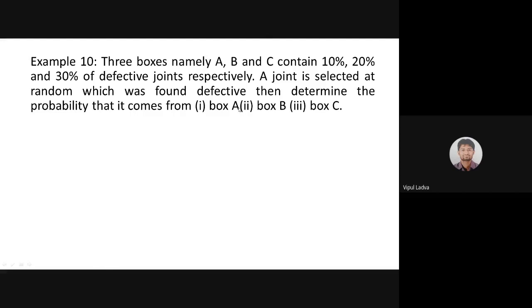Suppose we want to find that the selected defective joint is from box A, then how will we denote it? That we need to learn, that we need to understand. So let me take you for this question. Let's discuss the solution, and based on these 3-4 questions, I am going to assign some exercises to you guys after this question.